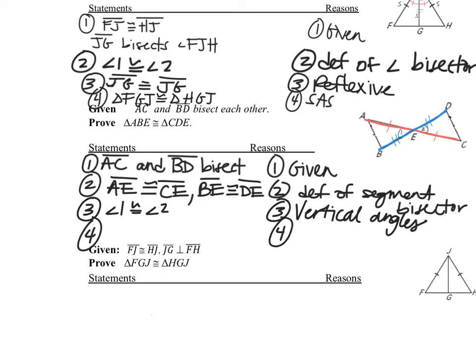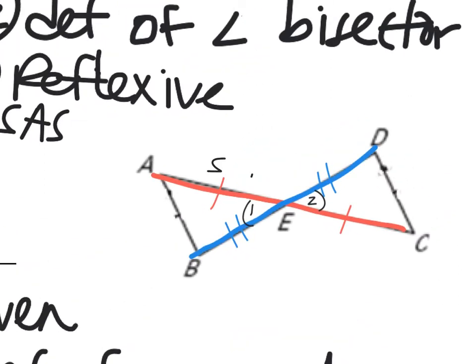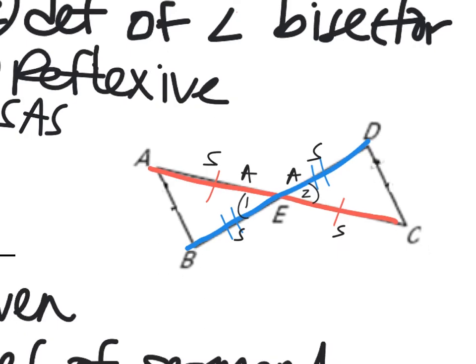And you should have enough information now to say that the triangles are congruent. If you go to your picture and label the little letters, then you should know which one to use. We're going to use side angle side.